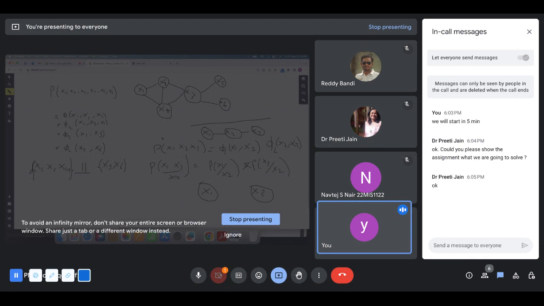If you have a set of nodes, call this set X, and you have another set of nodes, set Y, some nodes, not just two. This is just for presenting. They can be any number. And you have some other set of nodes, Z.